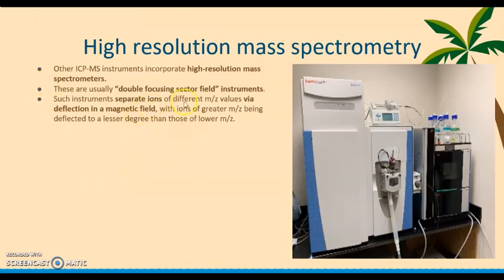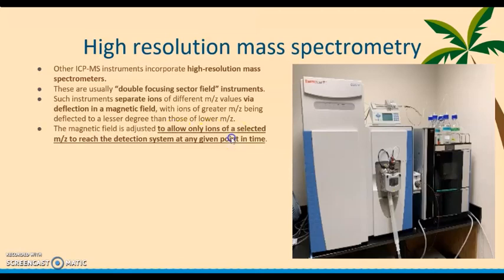Such instrument separates ions of different, eto nga po, charge to ion values via the deflection in a magnetic field, with ions of greater mass being deflected to a lesser degree than those of the lower M/Z ratio o yung tinatawag nga po natin na ion versus the charge ratio. The magnetic field is adjusted to allow only ions of selected mass to reach the detection system at any given point in time.